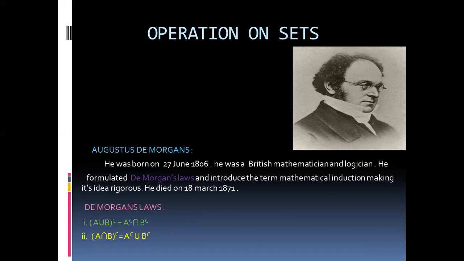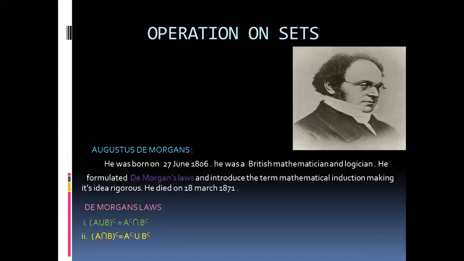He died on 18 March 1871. And he introduced the laws: (A union B) whole complement, where C represents the complement, is equal to A complement intersection B complement. And the second part, (A intersection B) whole complement, is equal to A complement union B complement.